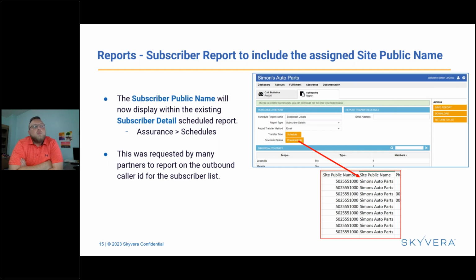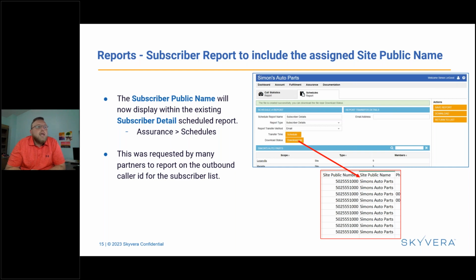So if you're working with a customer that uses the site public name and site public number to display for their outbound caller ID, you can quickly run a subscriber report and see which lines or which subscribers are using the site public name and number instead of the default subscriber name and number.